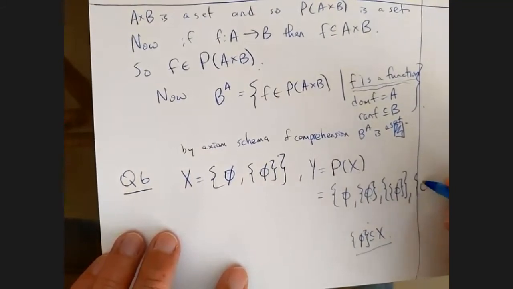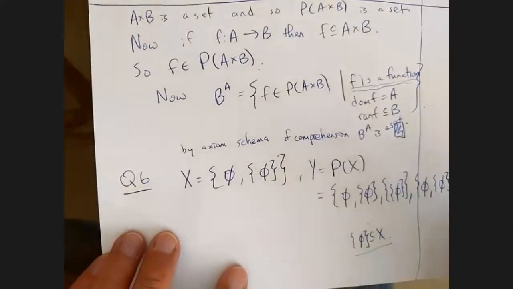And then we have all of X. So here are my four elements of the power set of X.